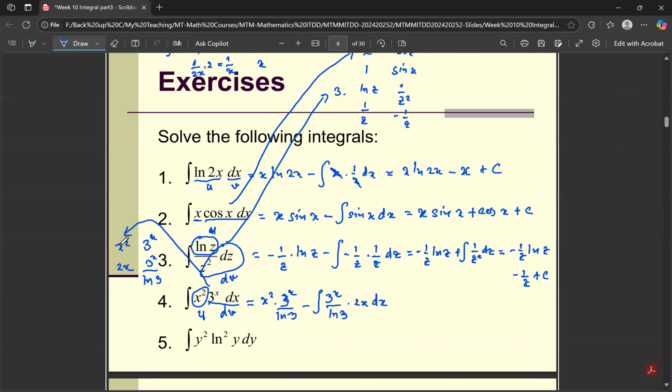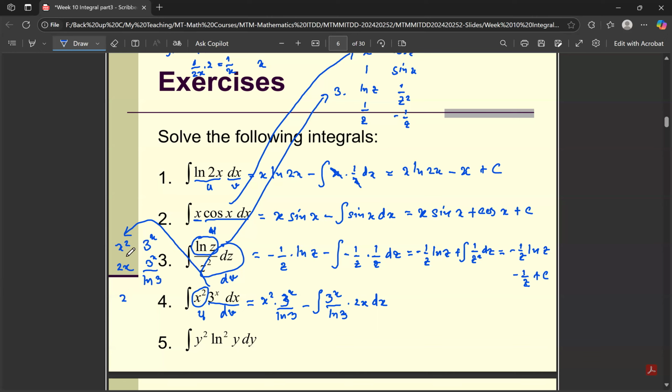As we know before, in the first column we must differentiate. So the derivative of x squared becomes 2x. And then we continue to differentiate: we have 2.